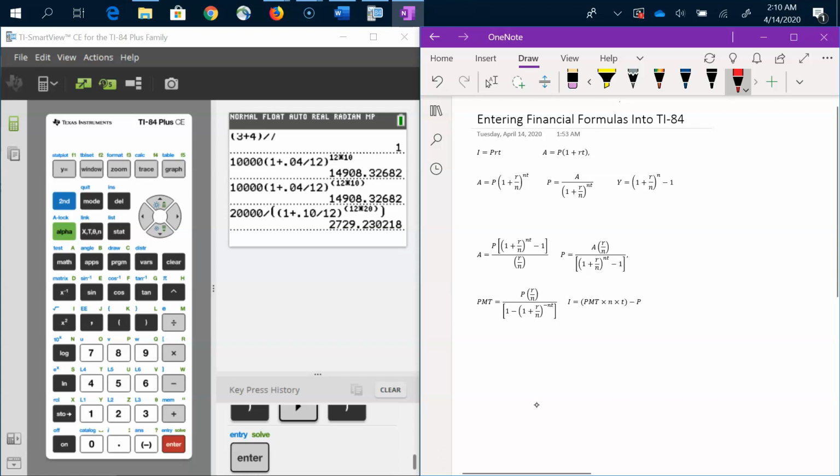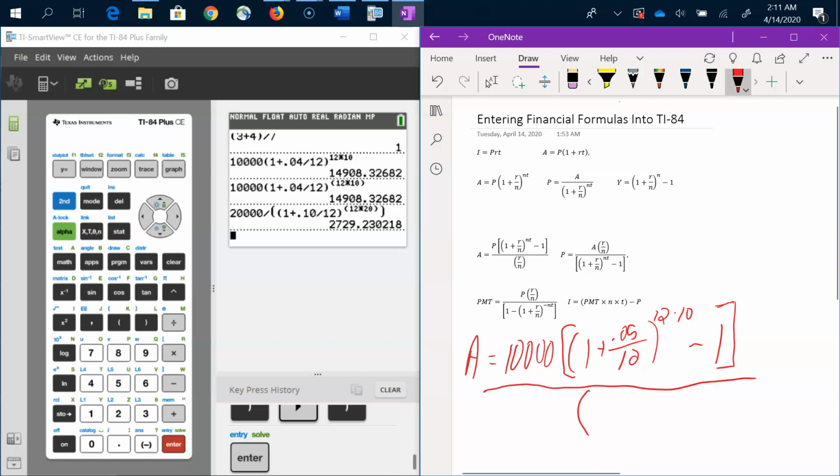red pen, and let's say that the total amount that I want to have is, let's say we'll keep it 10,000, and I have bracket 1 plus let's say 5%, and let's make this monthly, and let's do this for 10 years, so it's going to be 12 times 10, and there's the minus 1, there's the closed bracket, all over, and I said the interest rate was 5%, and it's compounded monthly.